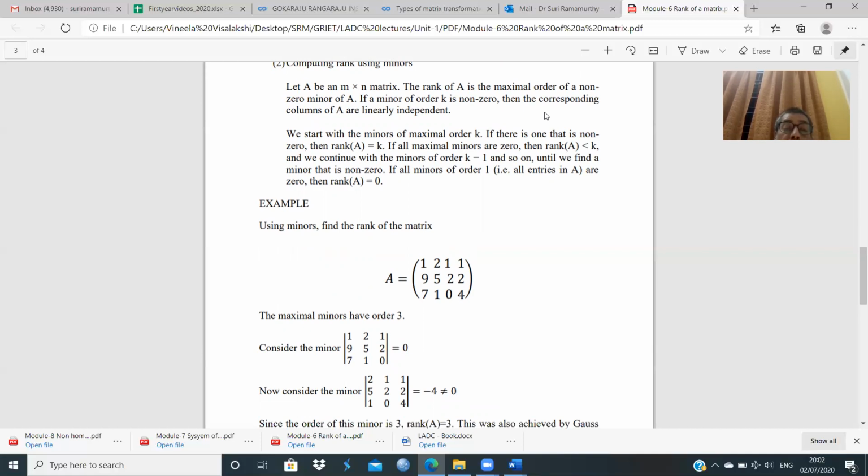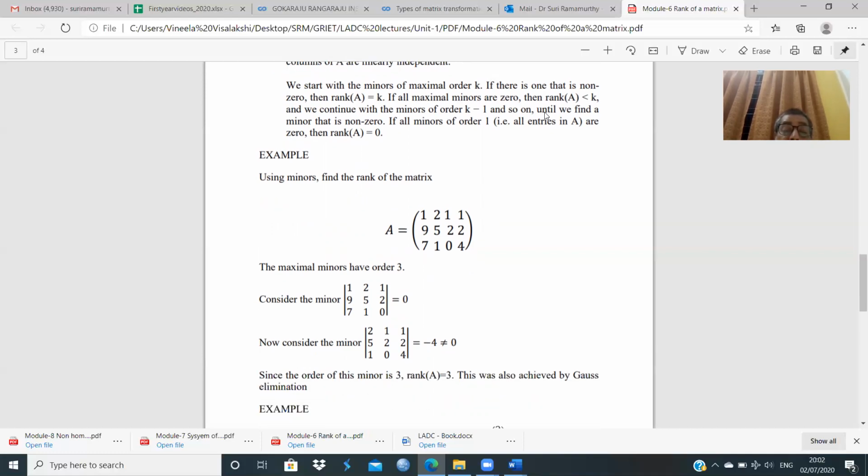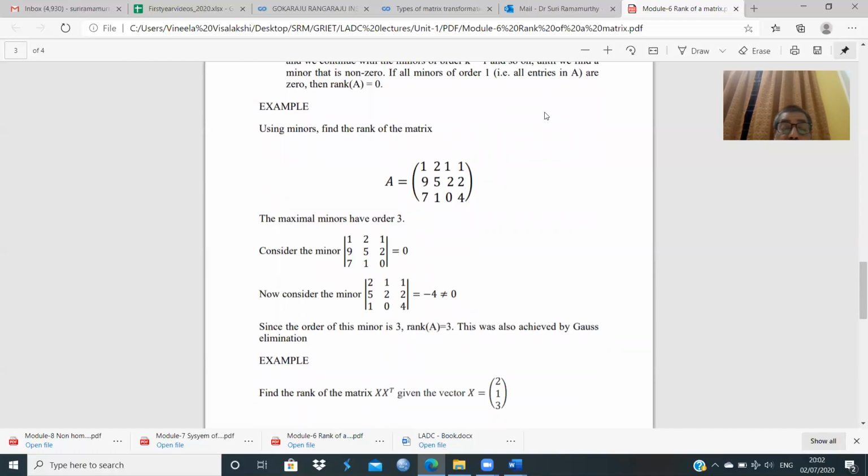Now, we must not leave it at that, but exhaust other options. We now consider the second, third, and fourth columns, and find the determinant of that. This time it is a non-zero number, which is -4 in this case. So one has to go through all minors of order 3 by 3, and the moment we strike a non-zero minor, you stop at that and declare the order of this minor as the rank. Because the order of this minor is 3, the rank of this matrix is 3. That is how you can also use minors to find out the rank of a matrix.